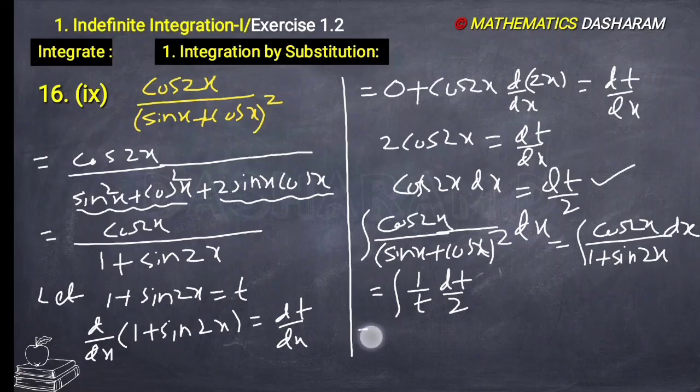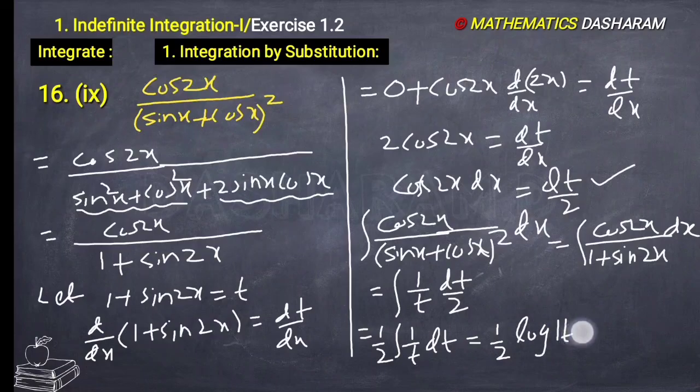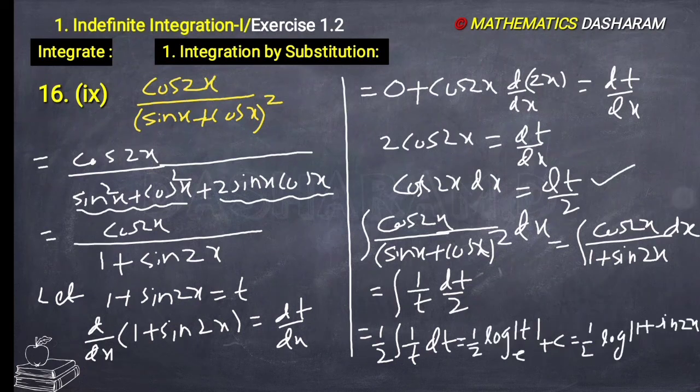So here 1 by 2 is a constant, so integration 1 by t dt, so it is equal to 1 by 2 log mod t with the base e plus c. So 1 by 2 log 1 plus sin 2x plus c is our required answer.